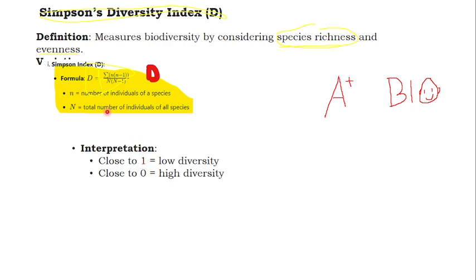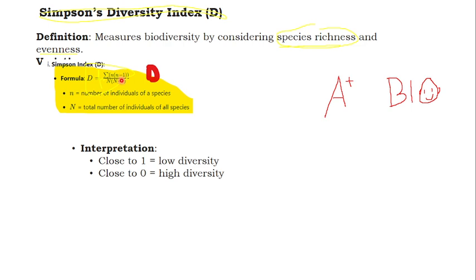Now for the interpretation: when you take 1 minus this and get exactly 1, it means the diversity is low, you have a lower number of species.